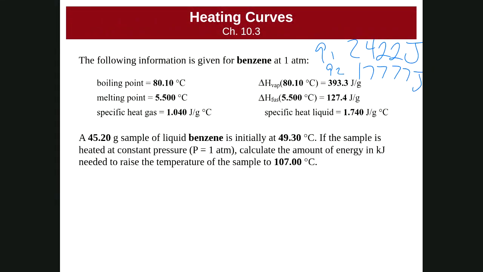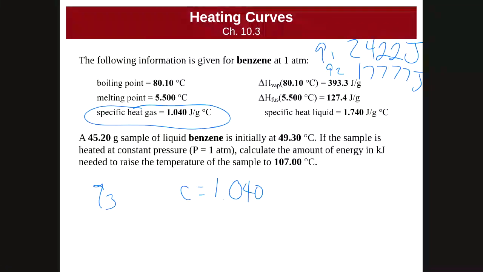So Q3, we're going to go above the boiling point. So when we're above the boiling point, we need to use the specific heat of our gas. So now instead of specific heat of liquid, we need the specific heat of the gas. So this is going to be the same as we did in the first step, using a different specific heat. So for the gas, it's 1.040 joules per gram degrees Celsius.